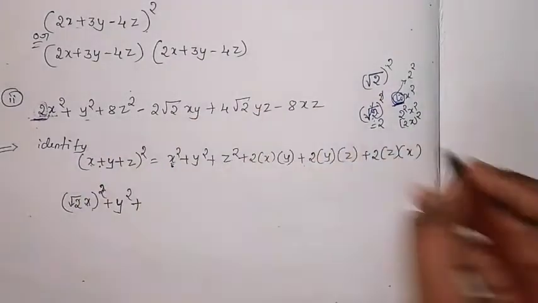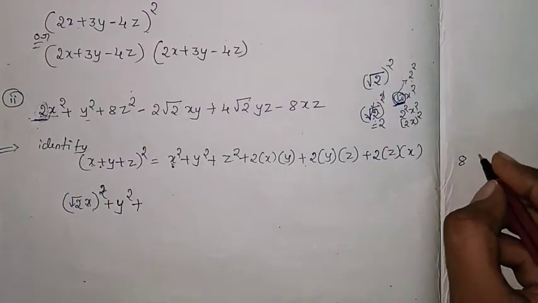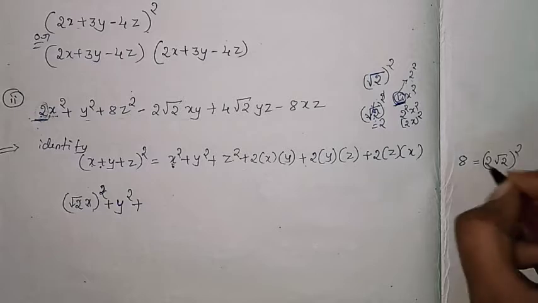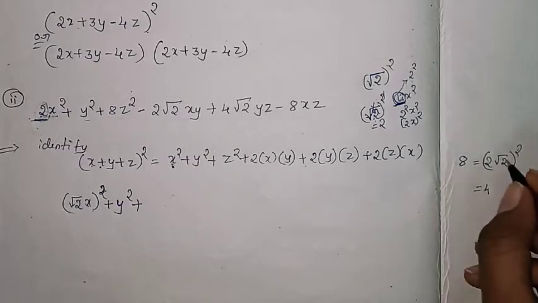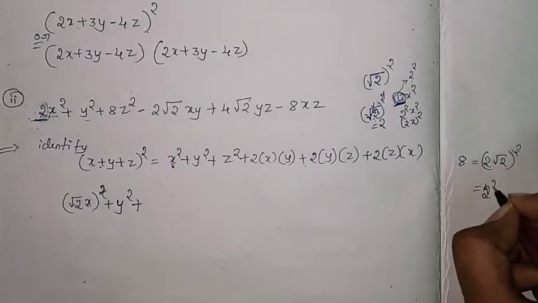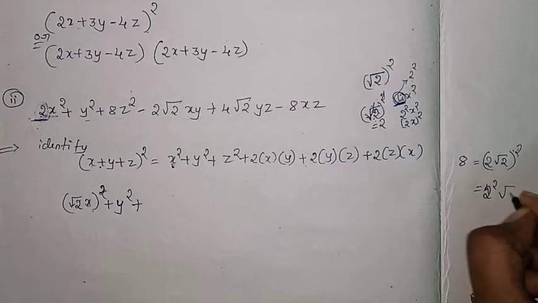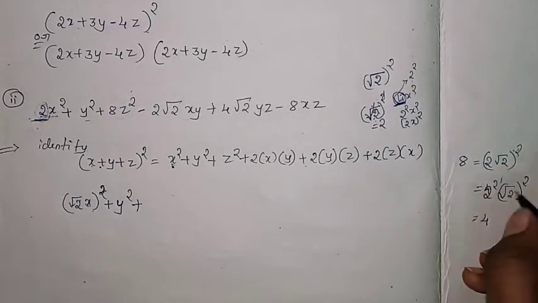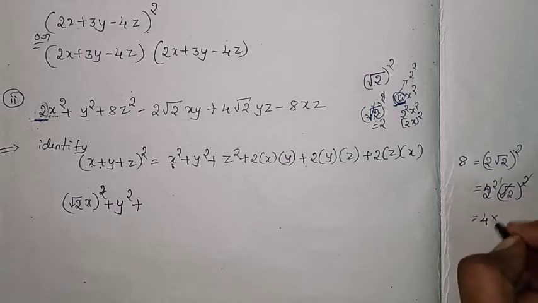You can split this 8 as 2 root 2 whole raised to square. 2 square is 4 and square root of 2 whole raised to square. 2 square is 4, square root of 2 and the square and root get cancelled, that is 4 and 2, that is 8.